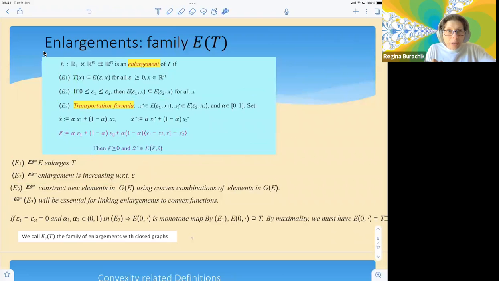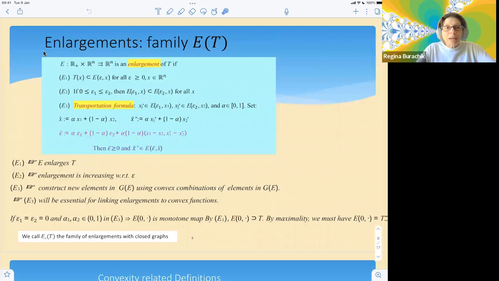The third condition is inspired on a basic property of the epsilon subdifferential. So again, we take our inspiration from convex analysis to obtain this condition. And what is the property of the epsilon subdifferential? It has a fundamental property, which is called the transportation property. And the transportation property allows you to construct new elements in the graph of the epsilon subdifferential by means of known elements in the graph of the epsilon subdifferential.